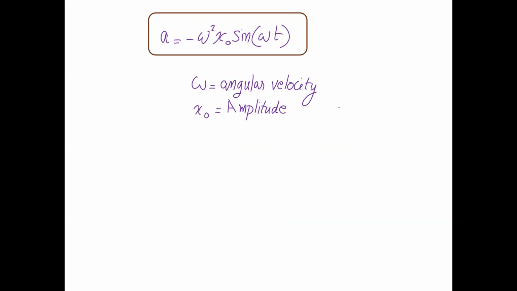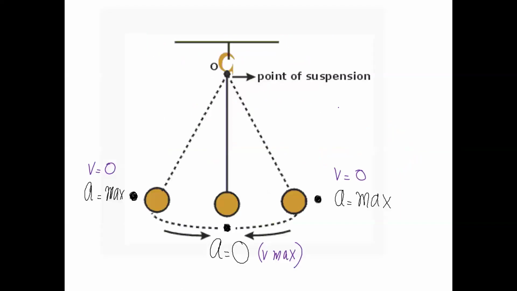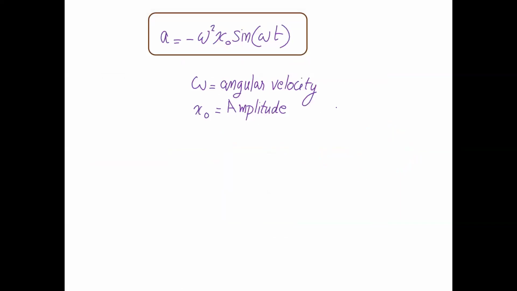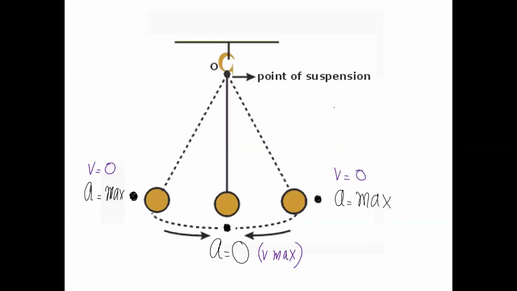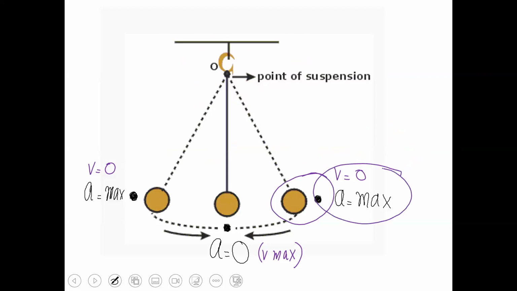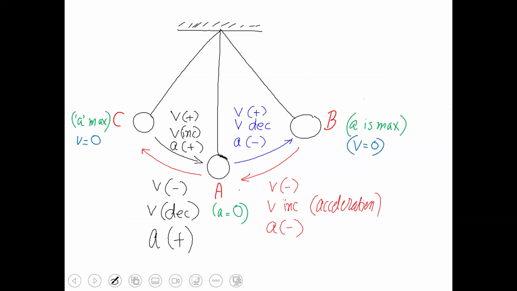Now comes acceleration. Acceleration is minus omega square x naught sine omega t. This is the formula. Acceleration is always directed towards the mean position. At the extreme position, velocity is 0 and acceleration is maximum. At the mean position, acceleration is 0.